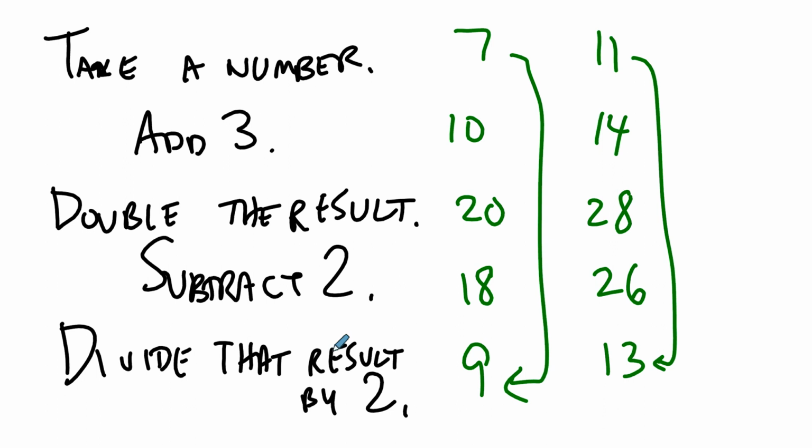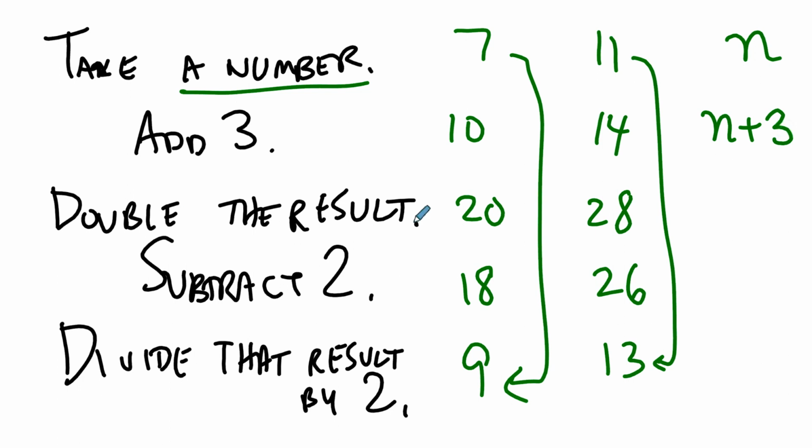Can we use variables to help us out? Well, sure, because if we take a number, that number can be any number. So we'll call it n for any number. That was bad. I'm so sorry. So when we add 3, n becomes n plus 3.